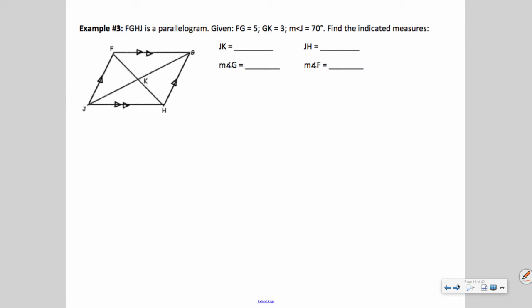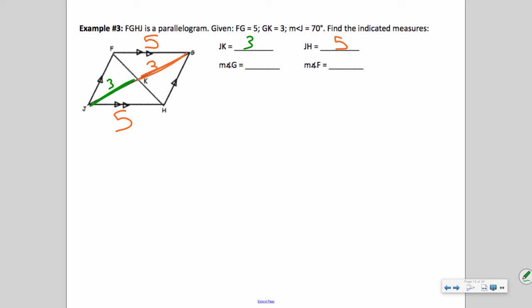In my next example, we just need to fill in stuff. So again, I'm given FG is 5. So I know JH is 5, so I can fill that in right away. I know GK is 3, so that's this length right here. That means that JK here is also 3, because the diagonals cut each other in half.